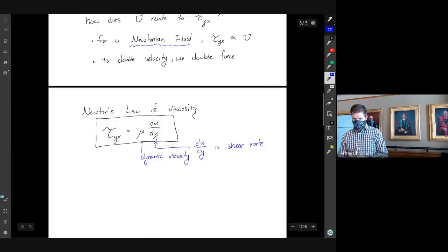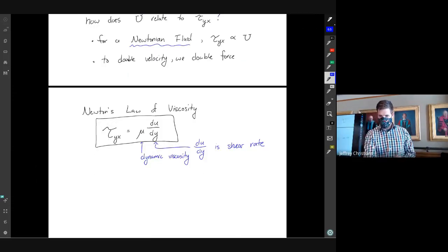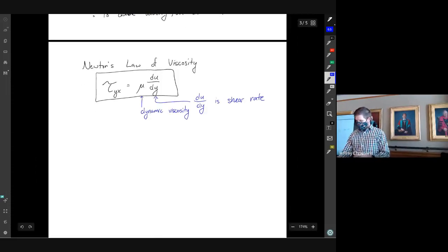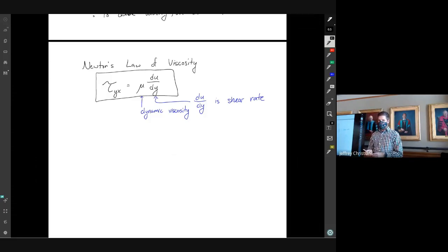So we have this idea, and the way that I think about it, what is viscosity and shear and how do all these things fit together?